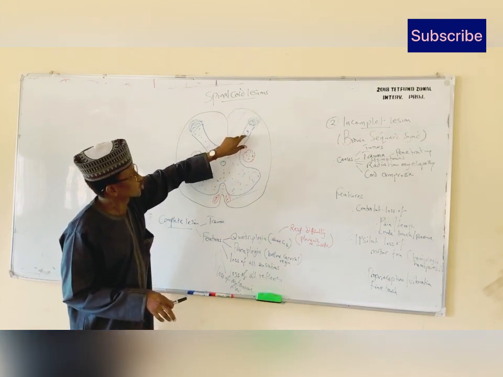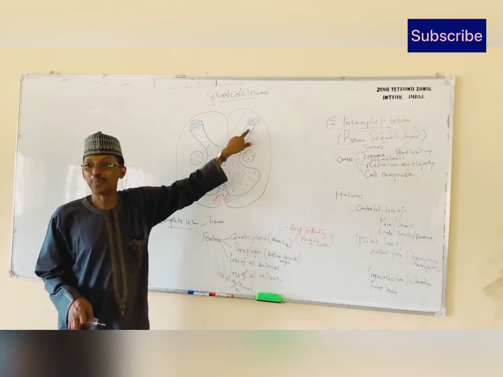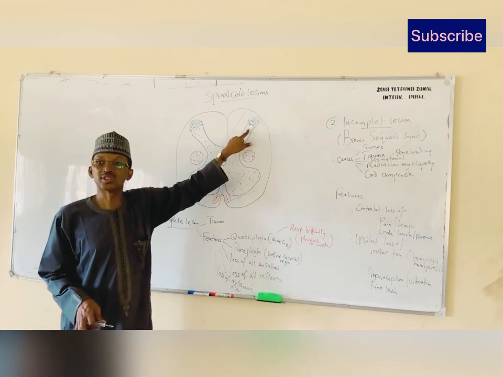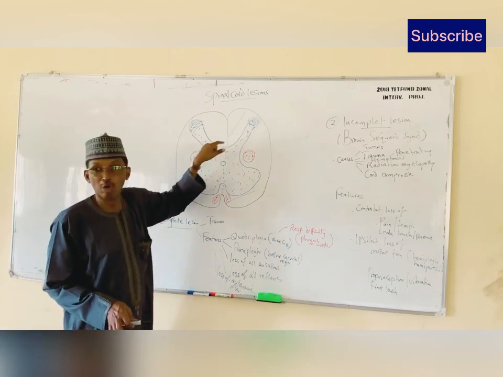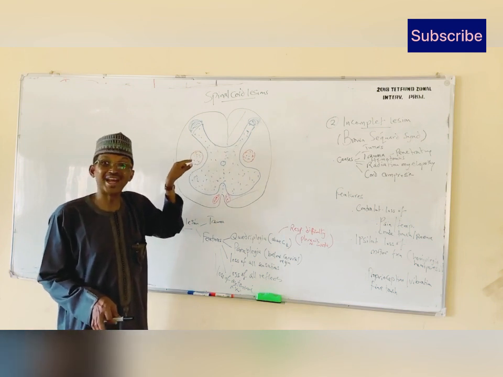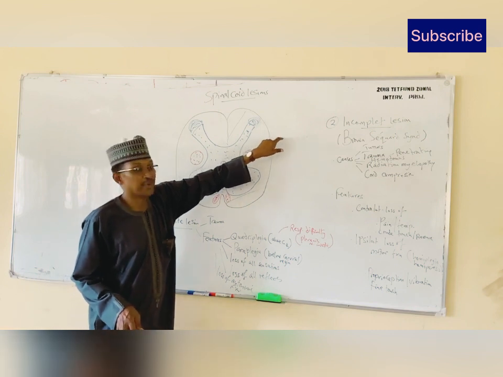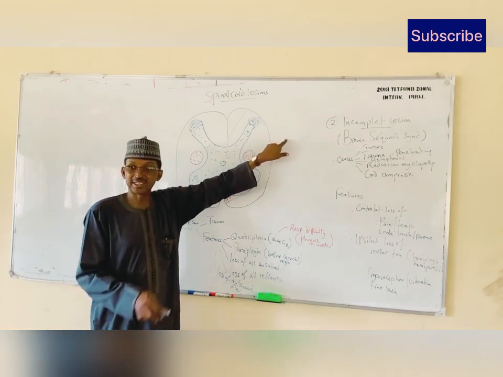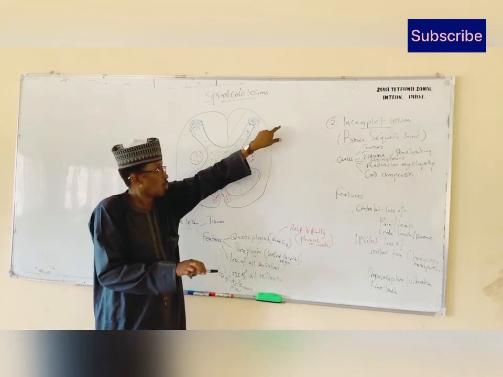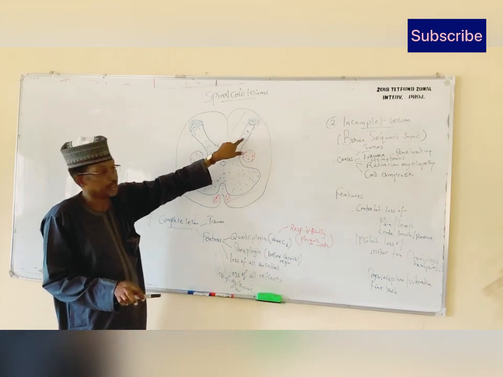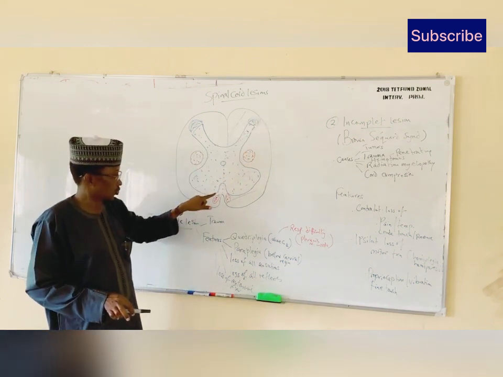Again, there's also loss of pain and temperature sensation on the opposite side, that is contralateral loss of pain and temperature. Why? Because for pain and temperature, plus crude touch and pressure, once this sensation comes into the posterior horn, they crisscross to the opposite side.